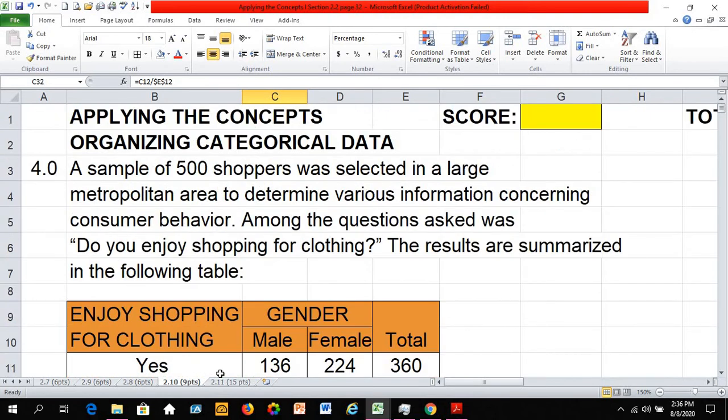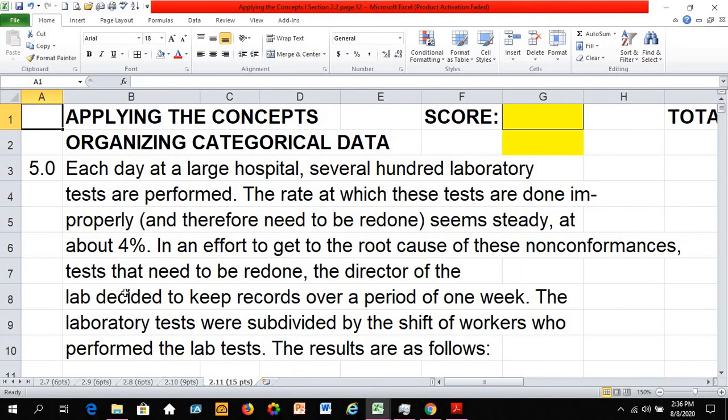Now we go to our last item. Each day at a large hospital, several hundred laboratory tests are performed. The rate at which these tests are done improperly and therefore need to be redone seems steady at about 4%. In an effort to get the root cause of these non-conformances, tests that need to be redone, the director of the laboratory decided to keep records over a period of 1 week.